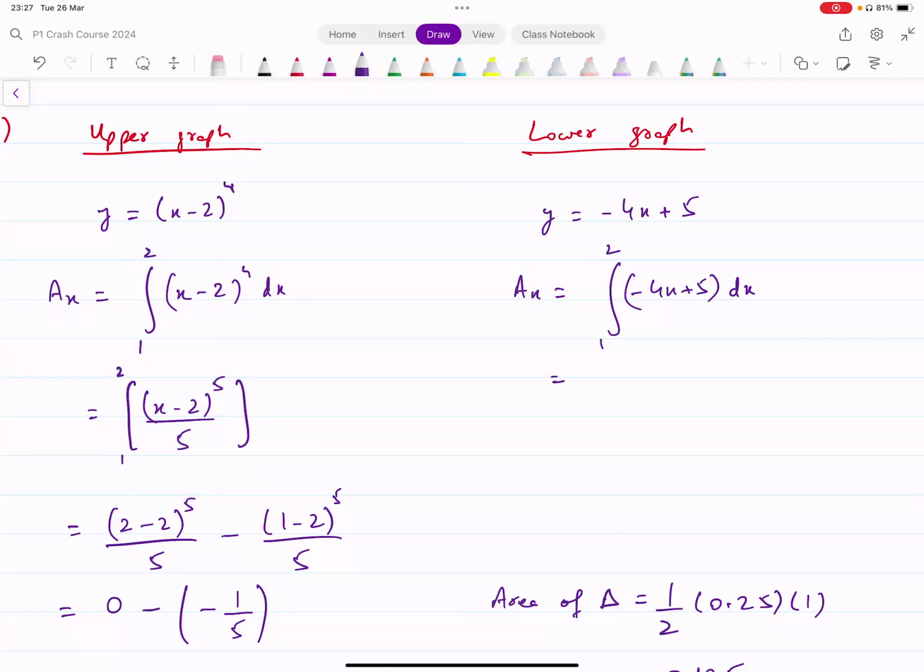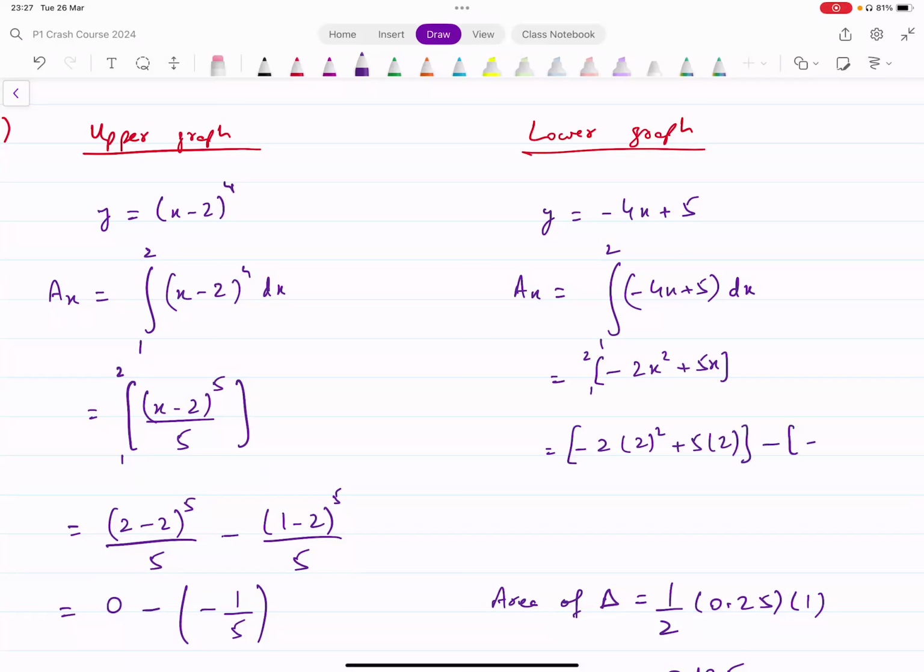What's the integral? Minus 4x squared divided by 2, that's going to be minus 2x squared plus 5x. Input limits from 1 to 2. When you input 2, you get minus 2 into 2 squared plus 5 into 2.